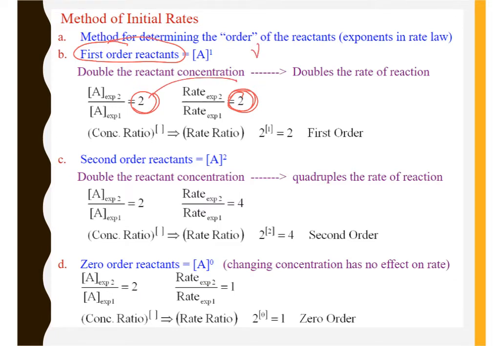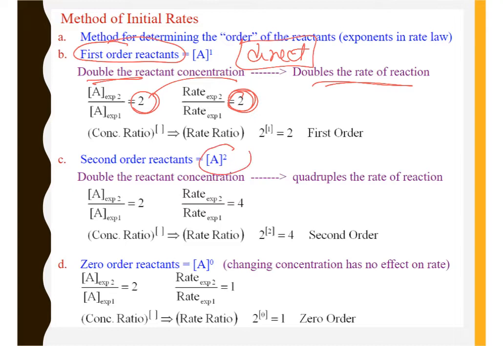So if it's first order, there's a direct relationship between change in rate and change in concentration. If you double the reactant concentration, you will double the rate. If you triple the reactant concentration, you will triple the rate. Anytime they're the same, that is first order.